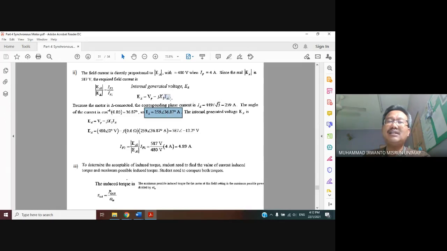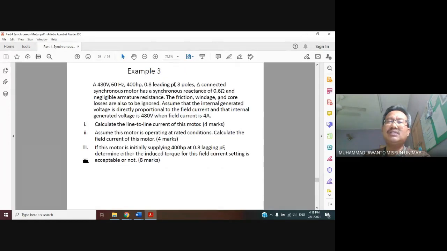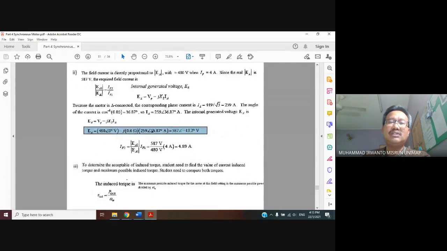This is for this one. We substitute to here, and now we can find the value of EA. Remember, because it is delta connection, the terminal voltage is equal to the phase voltage, 480 volt: 480 angle 0 degree volt minus jXS, which comes from this question, 0.6, multiplied by 259 angle 36.87.